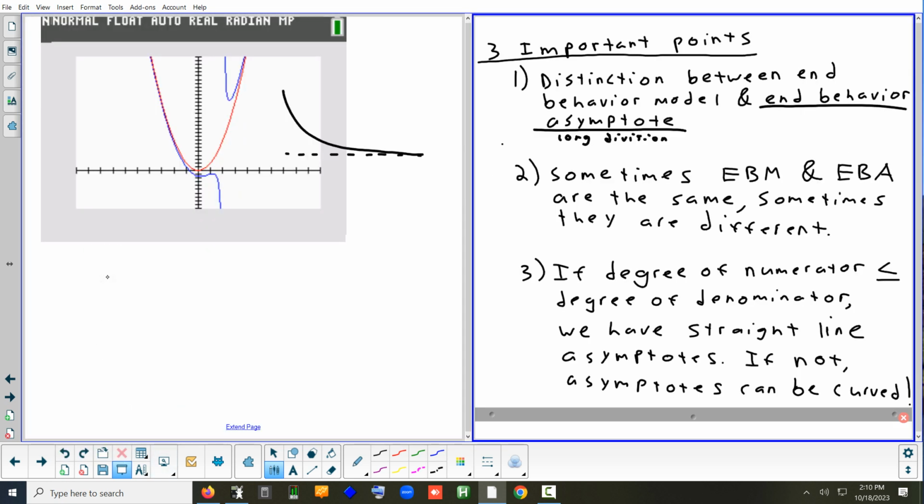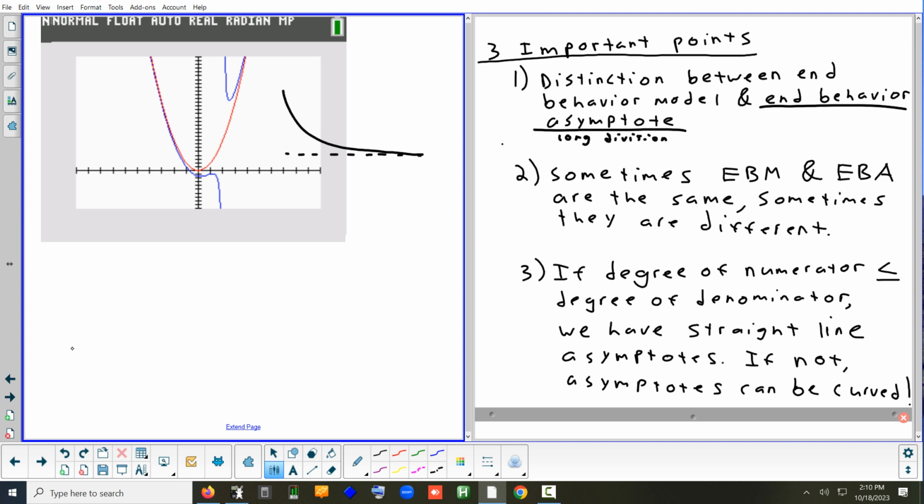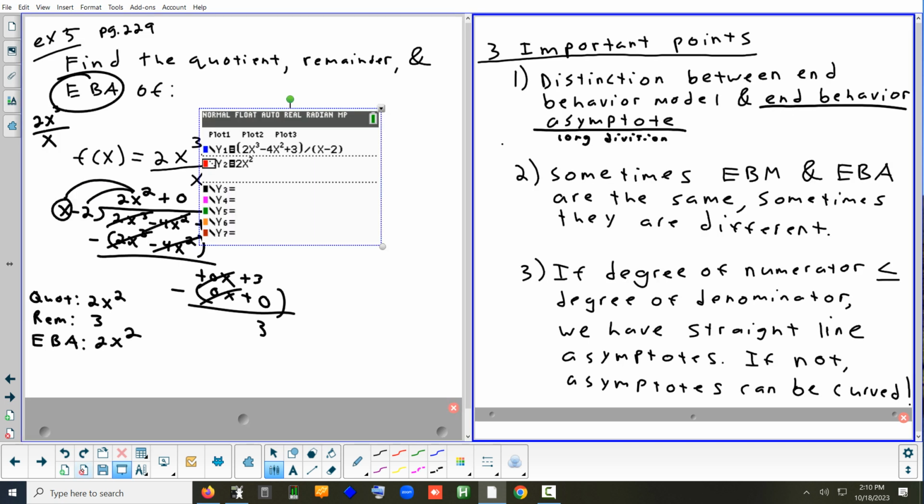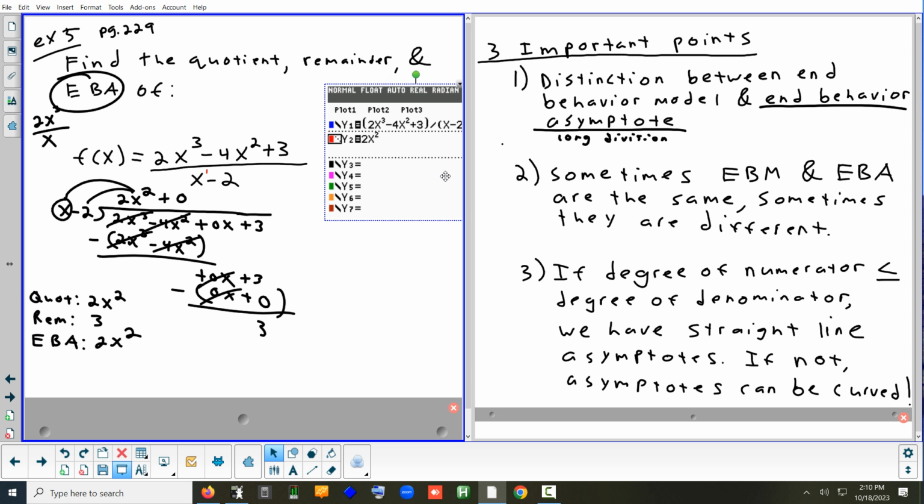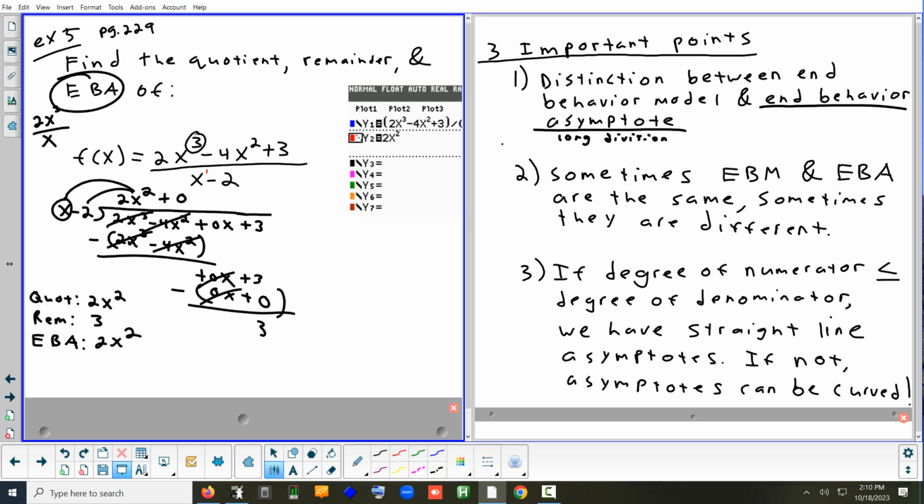So let me go back to that question for a second. Okay, what was the highest degree term in the top of f of x? Third. Yep, so the highest degree here was the 3. What was the highest degree in the bottom? 1. What's the difference between 3 and 1? 2.